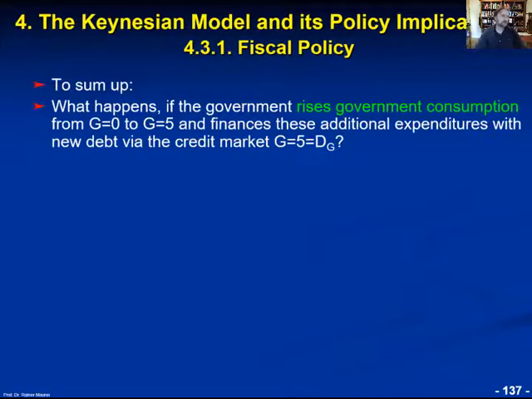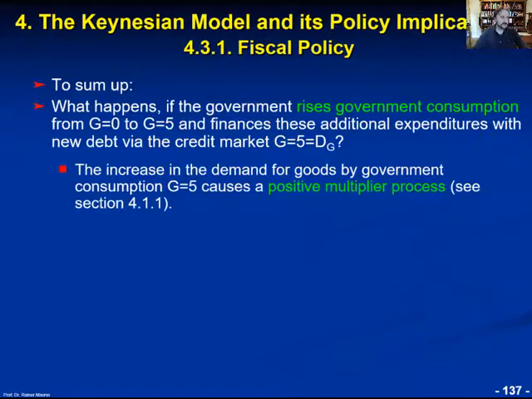To sum up, what happens if the government raises government consumption from 0 to 5 units and finances these additional expenditures with new debt borrowed on the credit market equal to 5 units? The increase in the demand for goods by government consumption causes a positive consumption multiplier process, which we have already discussed in section 4.1.1.